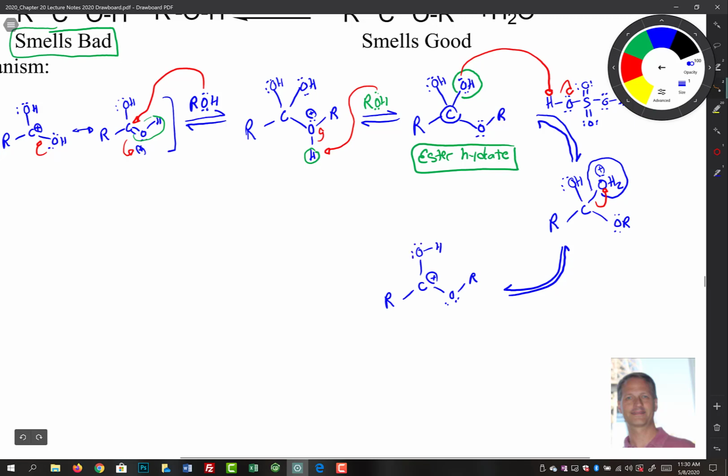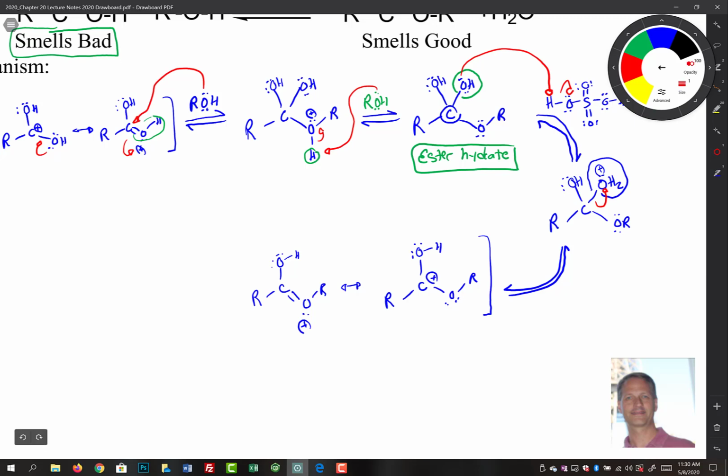Now, I don't really mind, by the way, if you were to take a set of electrons and do this for that movement, or a set of electrons and do that for that movement. In the end, we're going to end up with the same three resonance structures. So one of our resonance structures is going to be an R, OH, OR plus.